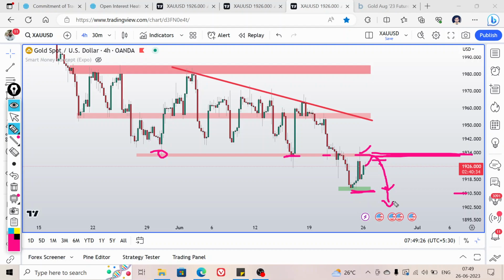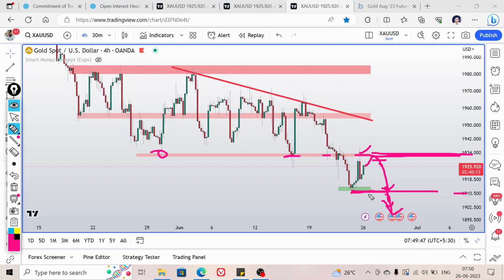If you want a good, low-risk confirmation, you have to wait for price to break down the recent rejection at 1910, and then we can look toward the lower level of 1900, which is a good support and a psychological level.